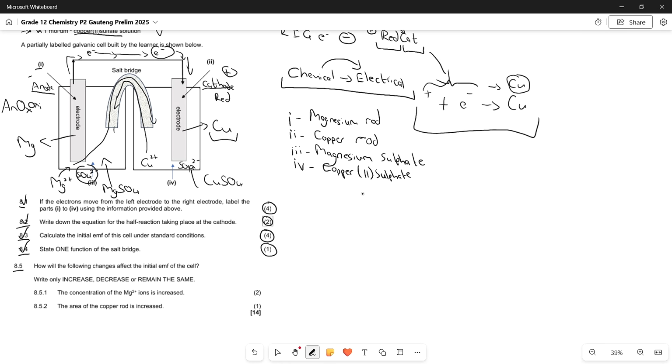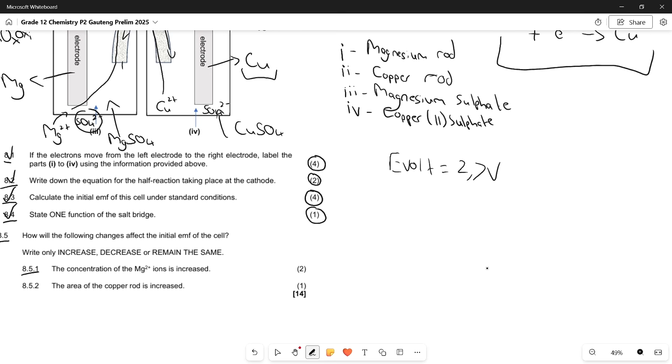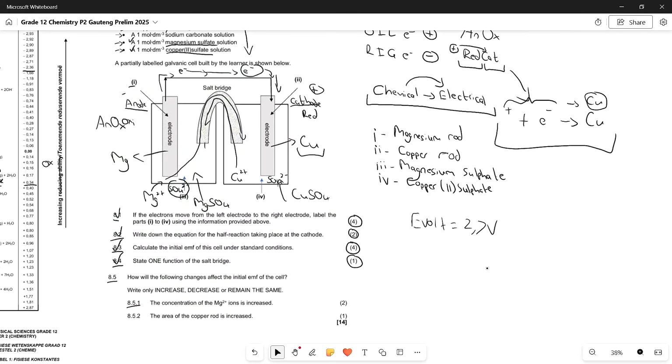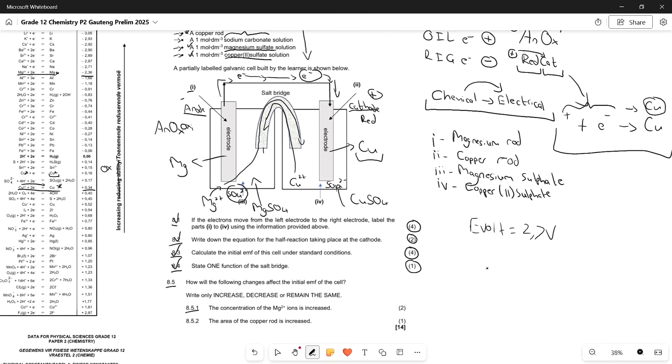Okay, and then 8.5 says, how will the following changes affect the initial EMF, the E voltage that we had of 2.7 volts of the cell? So write only increase, decrease, or remain the same. 8.5.1 says the concentration of the Mg2+ ions is increased. Okay, so if we go ahead and write down our Mg2+ reaction over here, which takes place at the anode, and oxidation occurs at the anode, which means we're losing electrons.